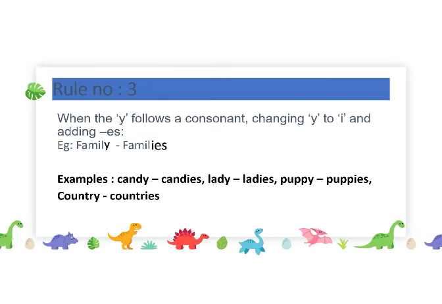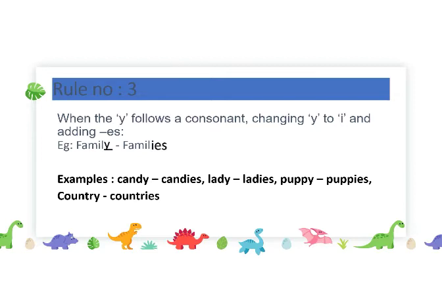See, here we have family as an example. So when I say family, F-A-M-I-L-Y. As I said, the last alphabet is Y. And before that Y, which alphabet is there?